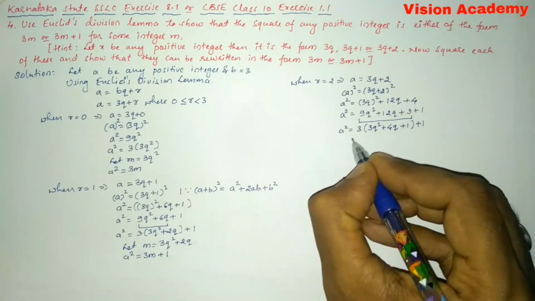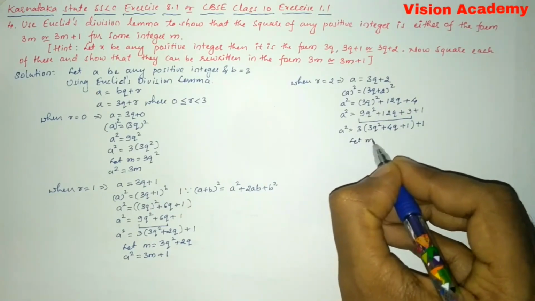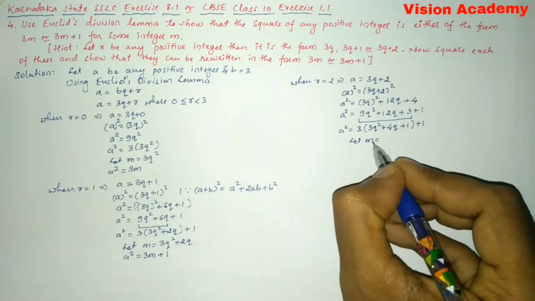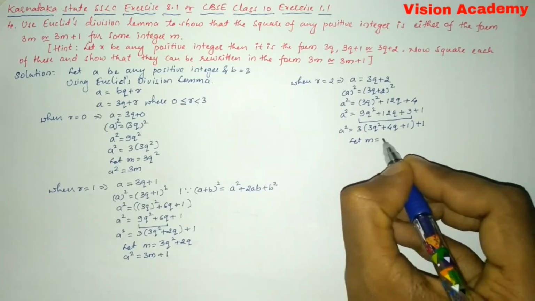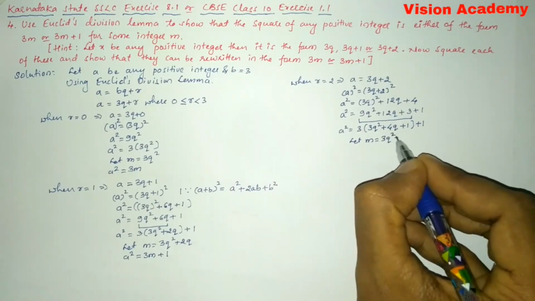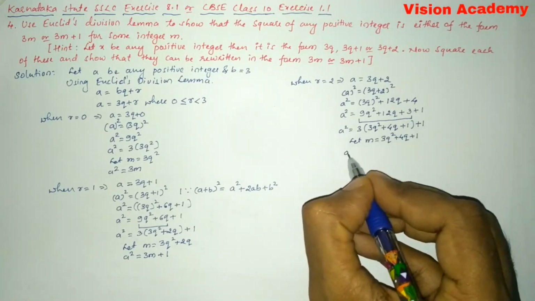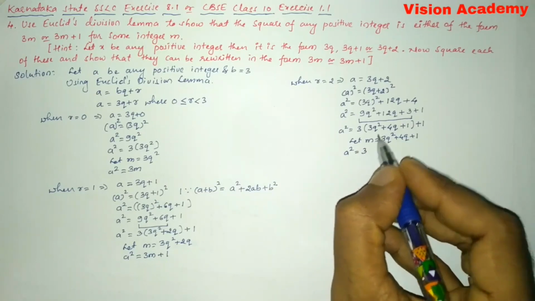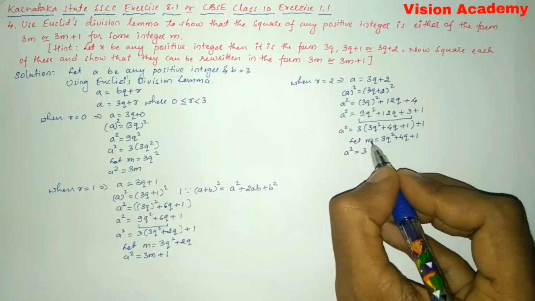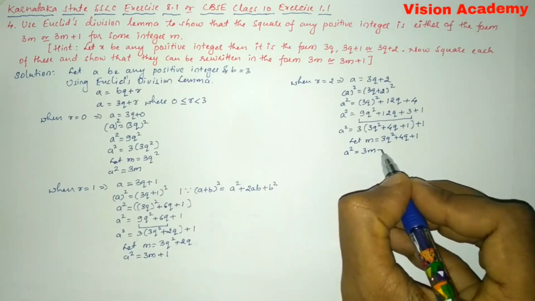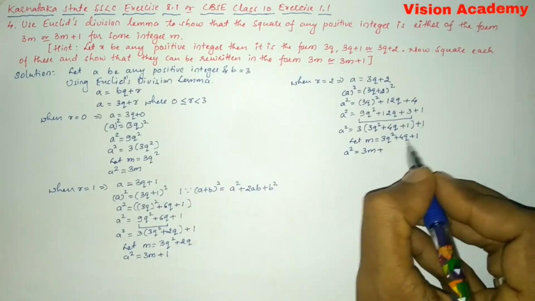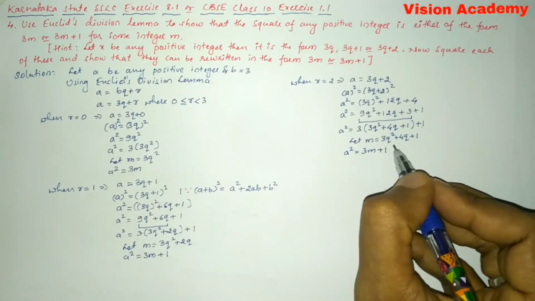Now let m is equal to whatever we have written inside of the bracket, we'll assign to m. So that is 3q square plus 4q plus 1. Here we can write a square is equal to 3 into, so this expression is replaced by m, 3m plus this one as it is. So here we'll write 3m plus 1.